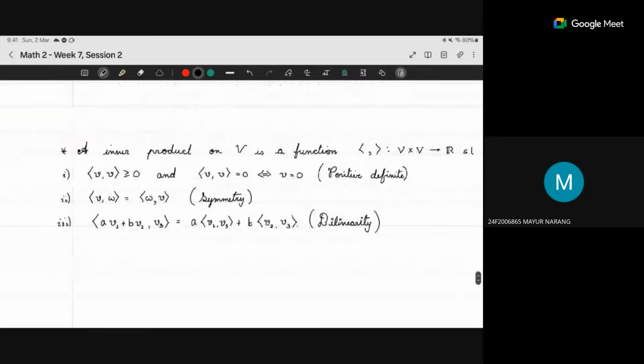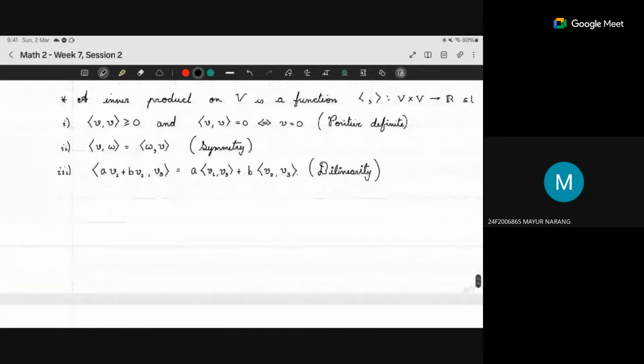All right. So if you want non-standard examples, you can take things like non-standard examples on Rn itself. You can take something like 3, 4, 1, 1, x2, y1, x2, y2.